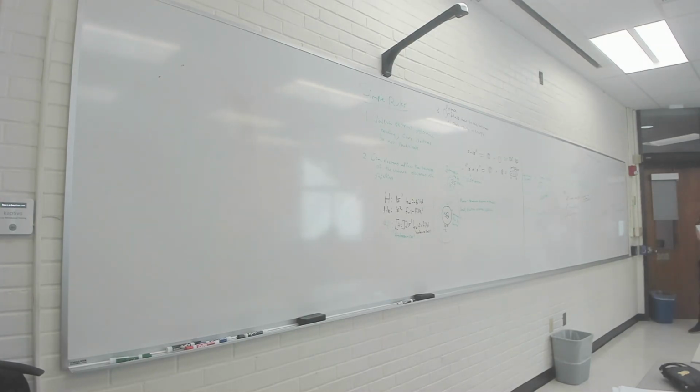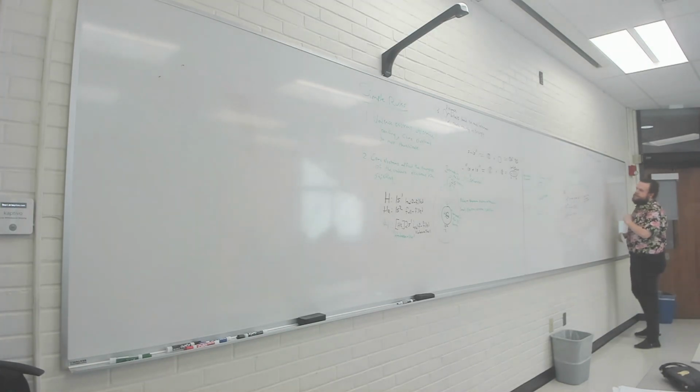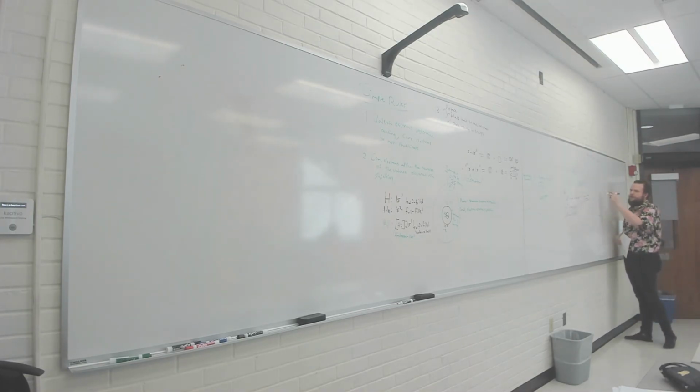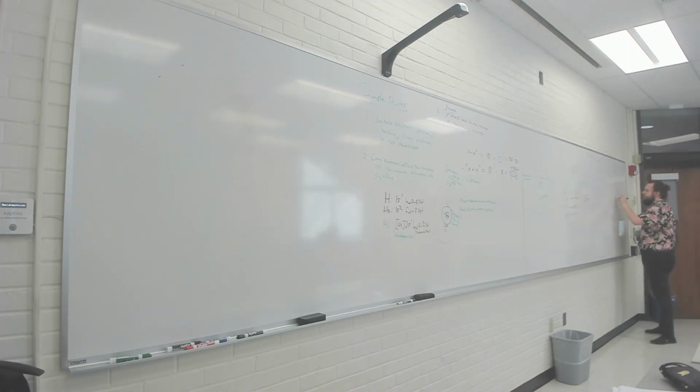Okay, so now what we have left are the 2s's and the 2p's. So I'm going to break the scale because I don't have enough room to do this right. Because when we were at minus 100, now we need to go up to minus 18. We have two 2s orbitals here, and of course, they're both filled.